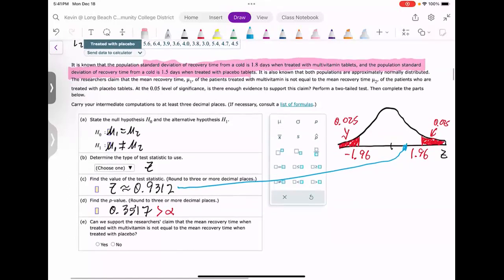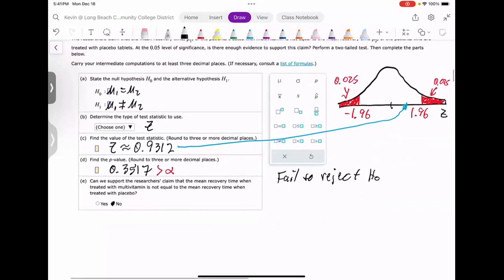And from both of these, we come to the conclusion that we are going to fail to reject the null hypothesis. So can we support the researchers' claim that the mean recovery time when treated with multivitamin is not equal to that? Nope, we cannot. Because we're sticking with the null hypothesis.